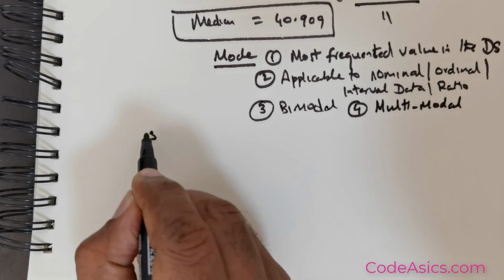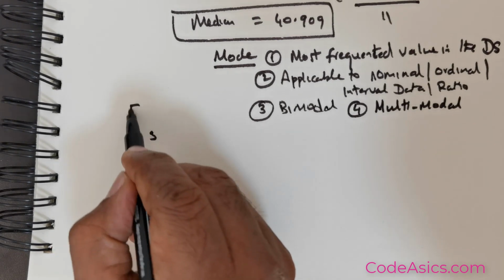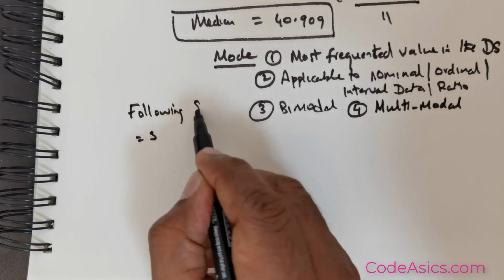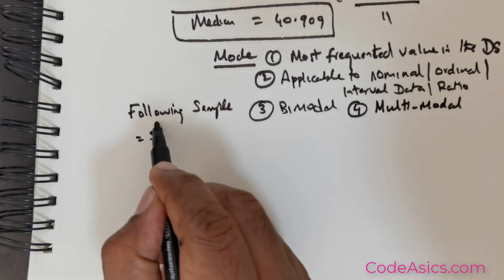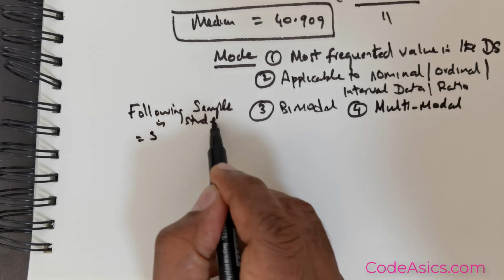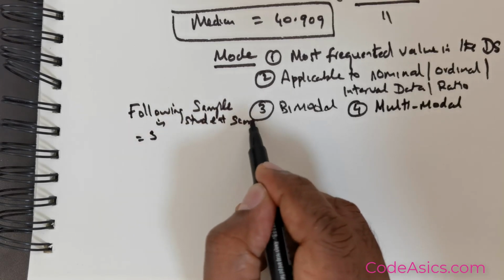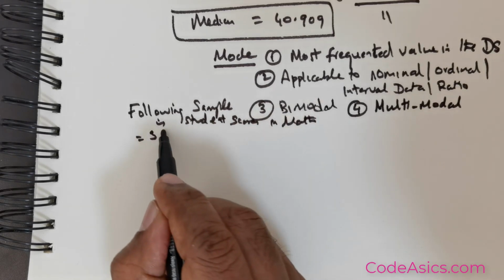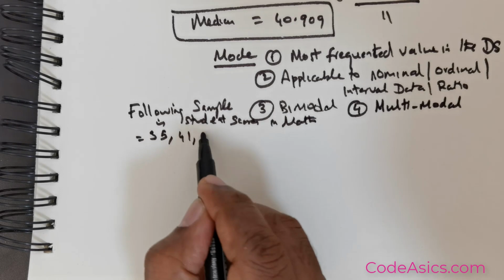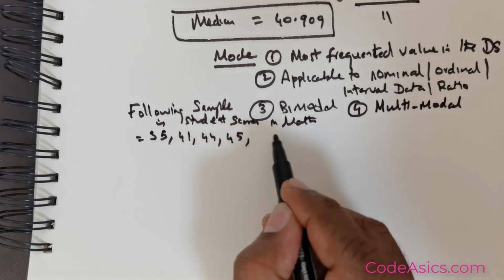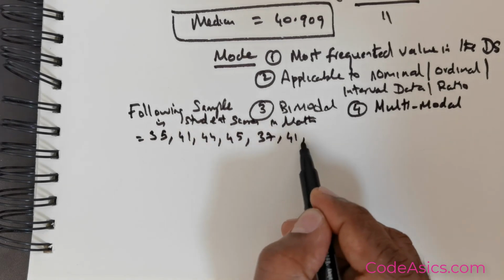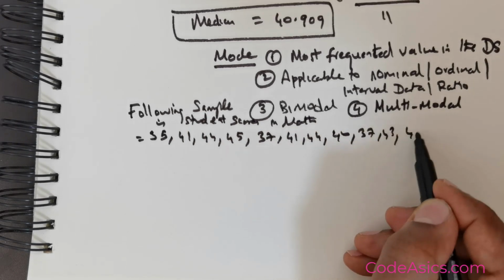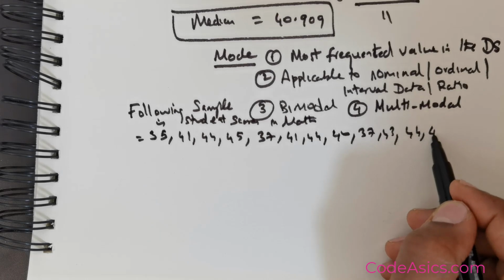Suppose you have the following sample of student scores in math. So you got 35, 41, 44, 45, 37, 41, 44, 46, 37, 43, 44, 46.